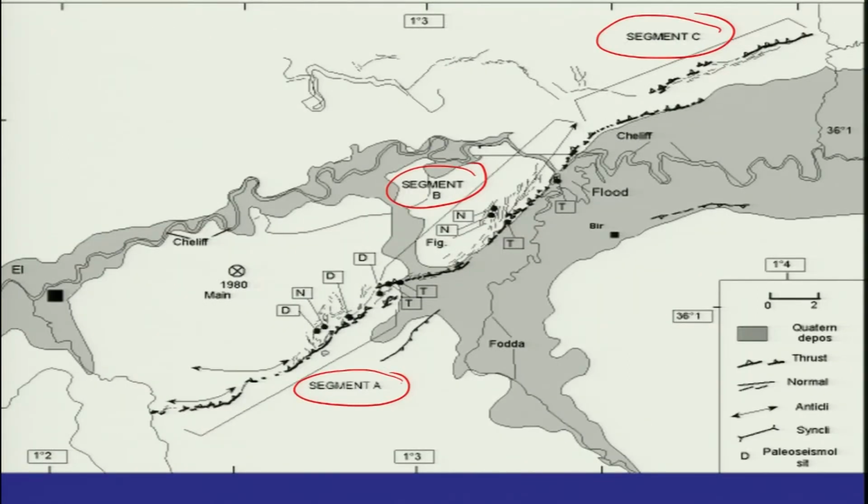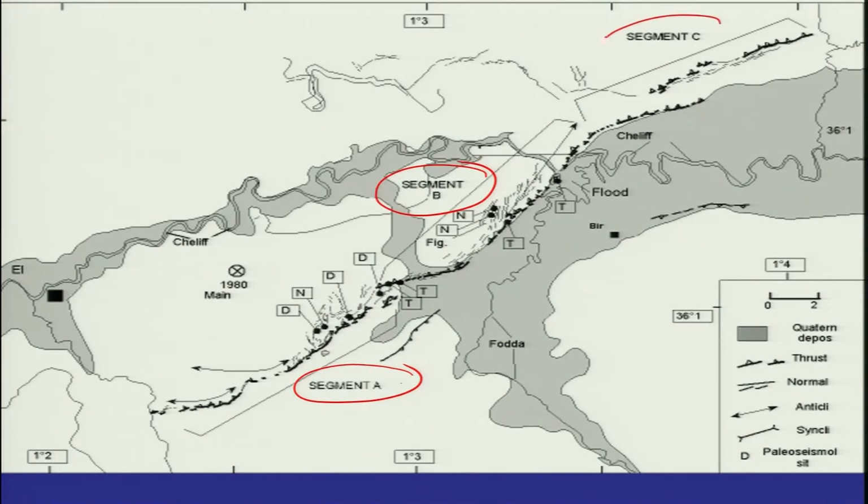Now, along with that, they also tried to look at the different deformation patterns in segment A, segment B and segment C, because of the change in the strike. So the deformation blocked the channel here which was flowing. You can see this was the main channel which used to cross this, and this is your hanging wall side and this is your footwall side. And this resulted in flooding in this particular area.